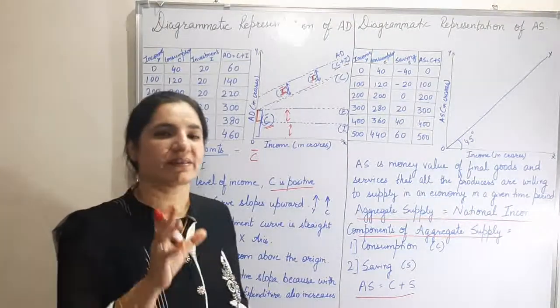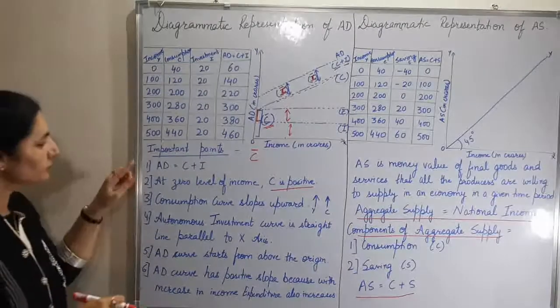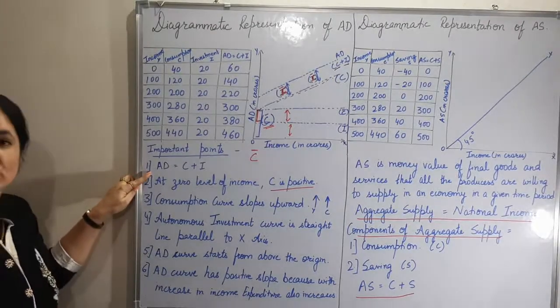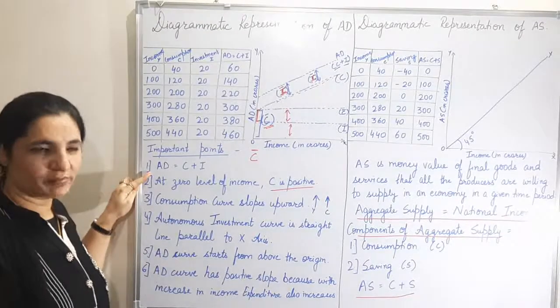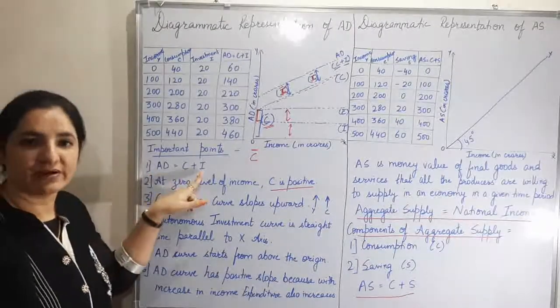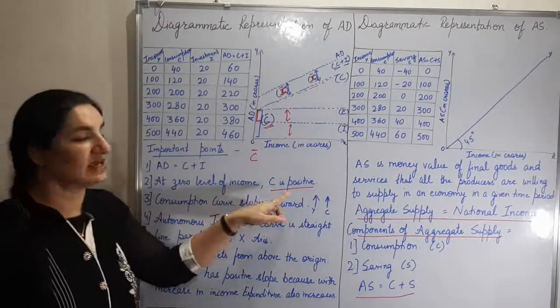Now there are some important points we should understand in this. First is AD is equal to C plus I, because we are considering only a two sector economy, that is household and firm. Second is at zero level of income, C is positive.